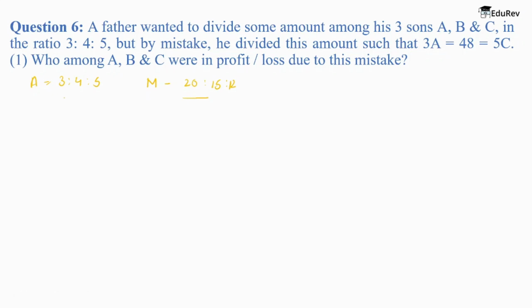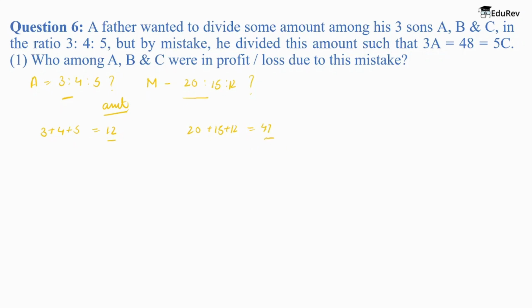So in both the cases the amount is same. But do you think the ratios here reflected? 3 plus 4 plus 5 is equal to 12 and 12 plus 15 and 20 is equal to 47.